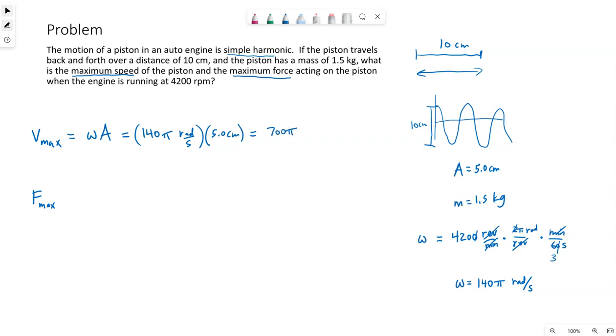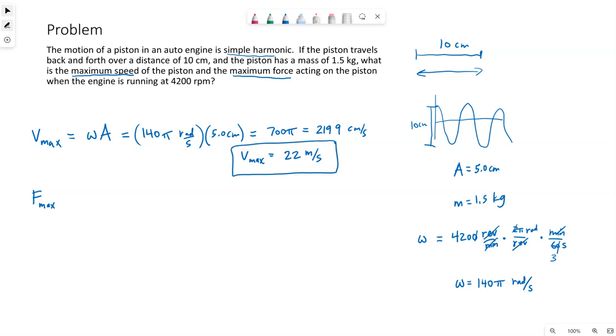We don't have exact values, so we do want to give our answers in terms of decimals. Now, with this being such a big number, I'm not going to leave it in centimeters. So Vmax will be 22 meters per second.